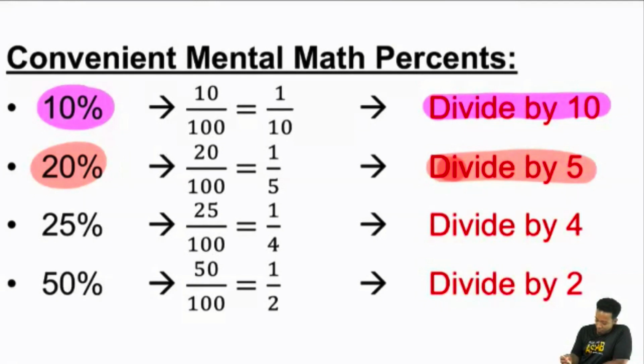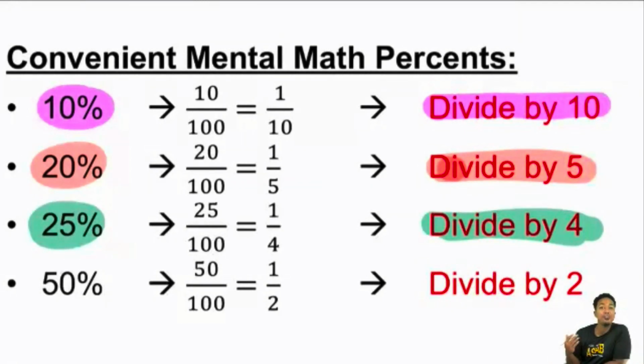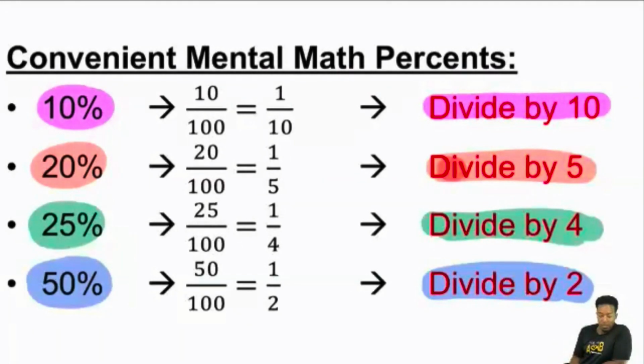If you look at 25%, we just looked at earlier, 25 is a quarter, a fourth, divide by 4. Yep, you're dividing by the denominator. And then lastly, 50%. We all know 50% to be half. 50 is half of 100. 100 divided by 50 is 2. Divide by 2.